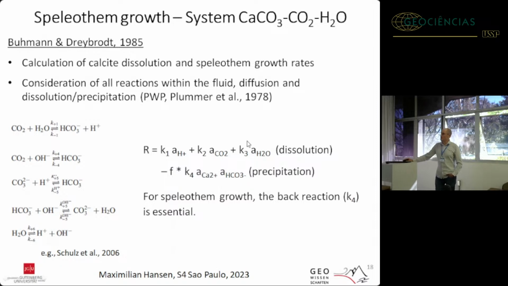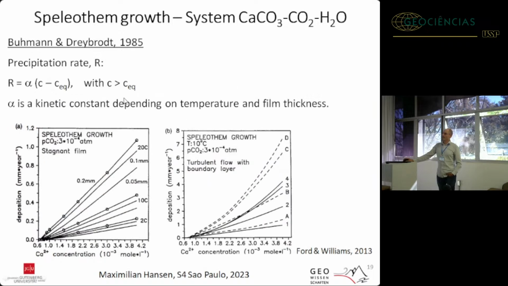And what Wolfgang Dreybrodt did then was take the PWP equation and all these reactions going on at the same time, which can be described by differential equations, and derive an approximation, which is pretty good for the deposition rate of speleothems, down to one single equation.